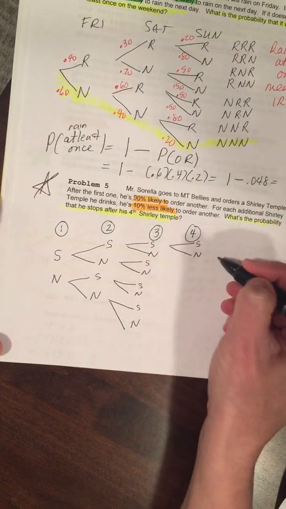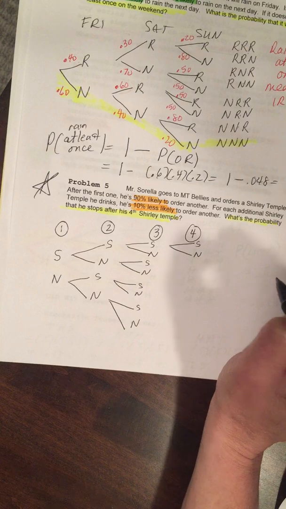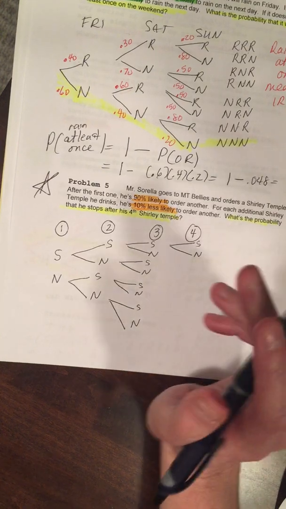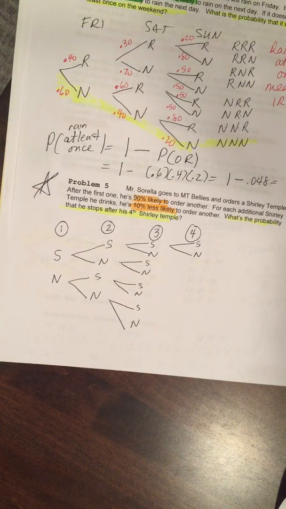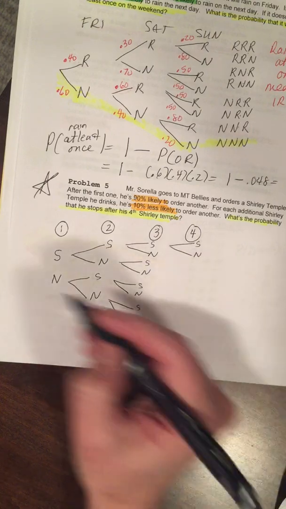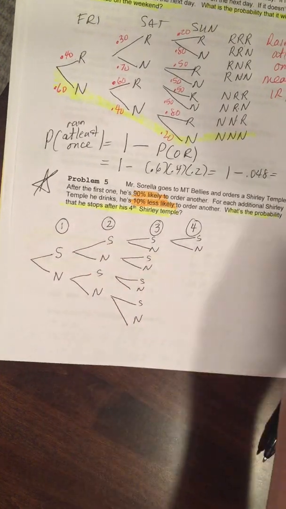Shirley or not. This is getting way too big. It's kind of getting a bit confusing. Let's think about it here, and let's put some numbers in. I'm just going to leave this for a second. I may have to draw it in. Let's take a look at some numbers.